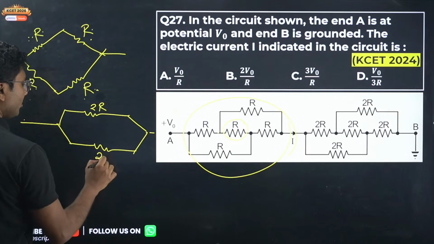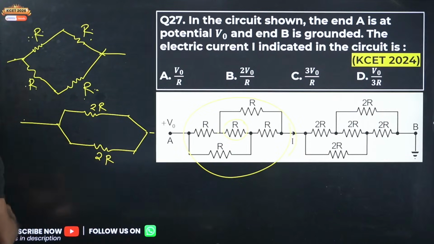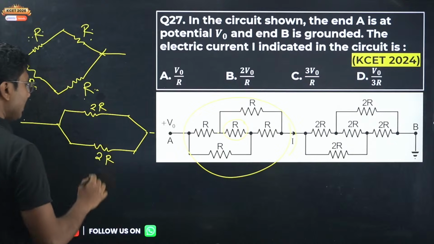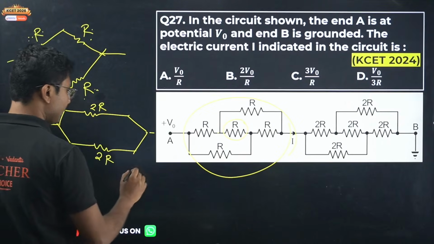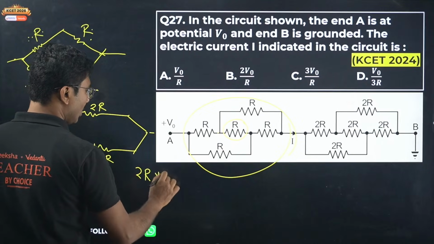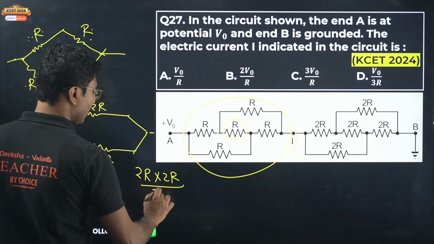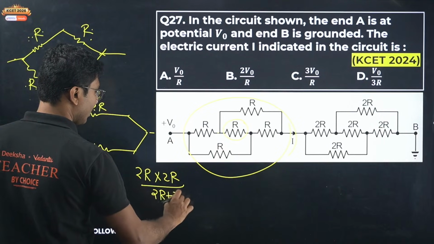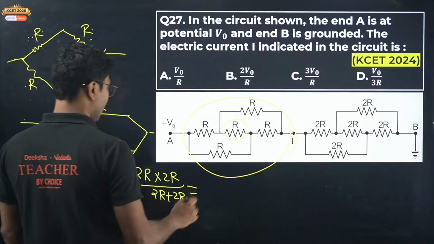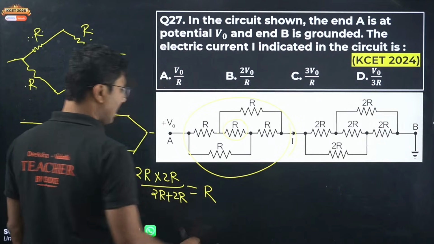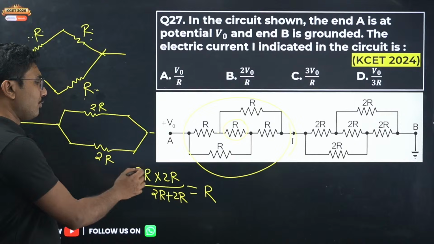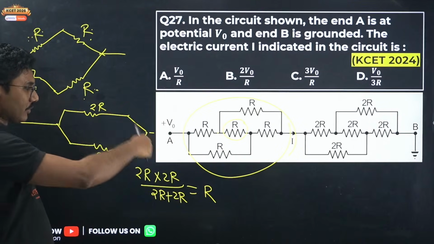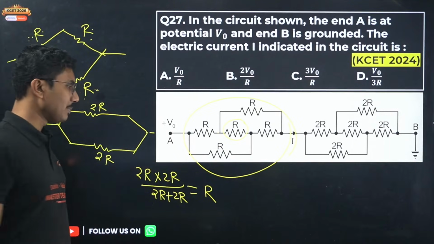So 2R and 2R in parallel. What is the equivalent resistance? 2R into 2R divided by 2R plus 2R, that is 4R square divided by 4R, so it will be simply R.